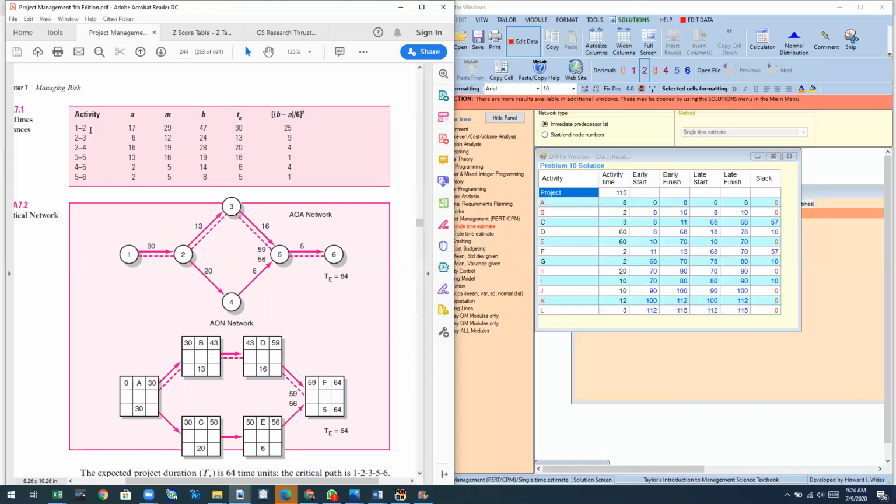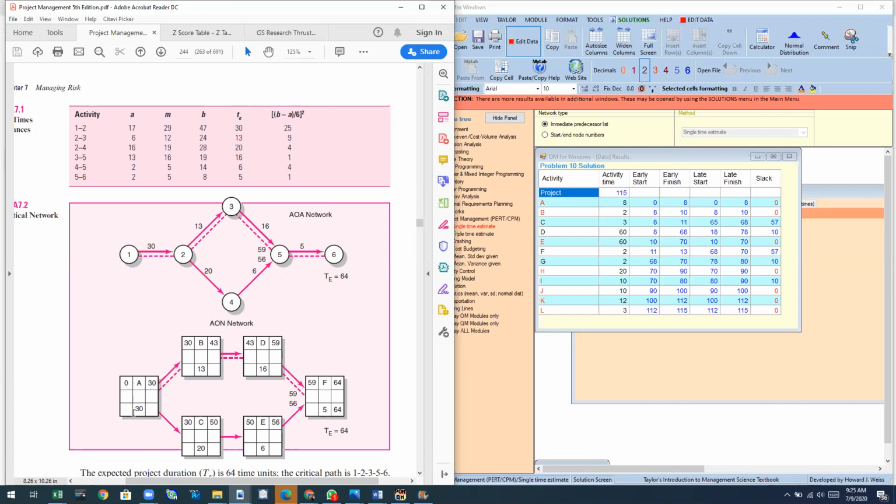Okay, and as you can see, the activity is on an arrow between node 1 and node 2. The first activity is between node 1 and node 2. And so this is what we call the activity on arrow, AOA network. You can also represent this as an activity on node.